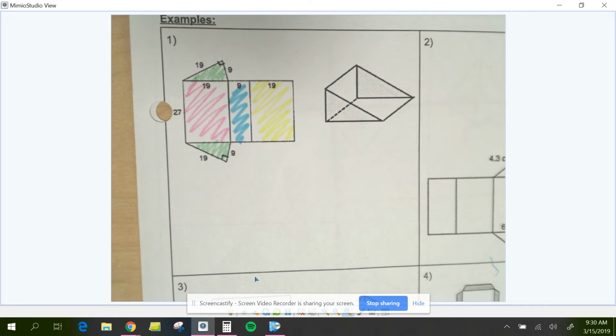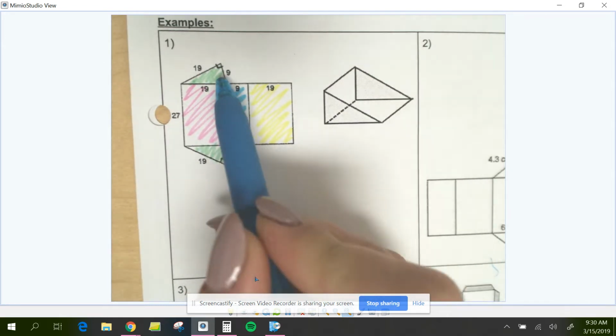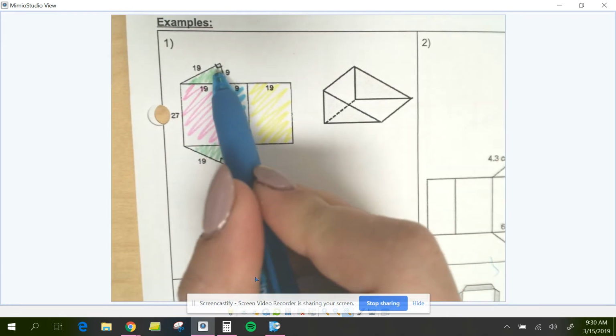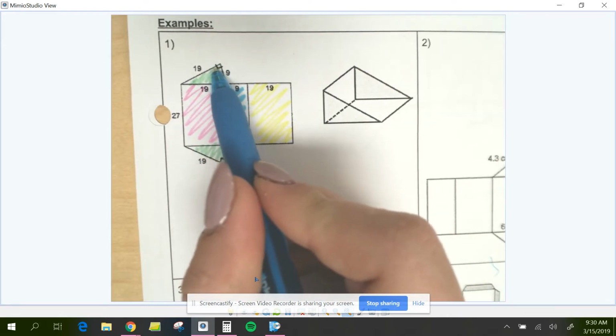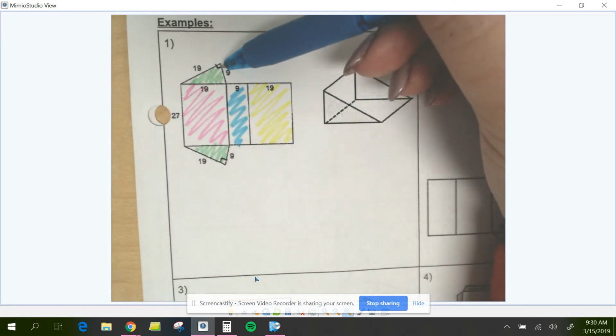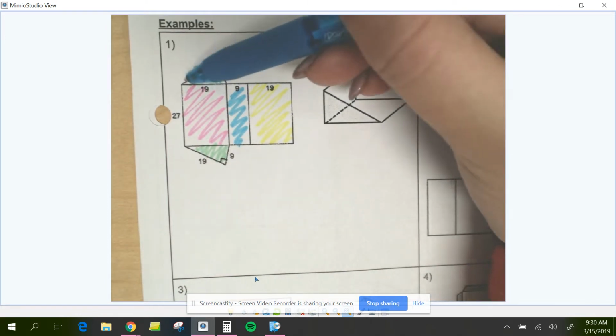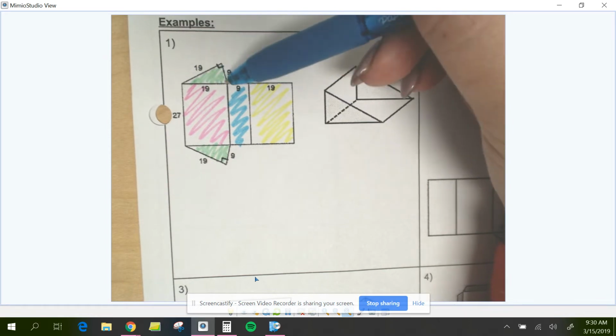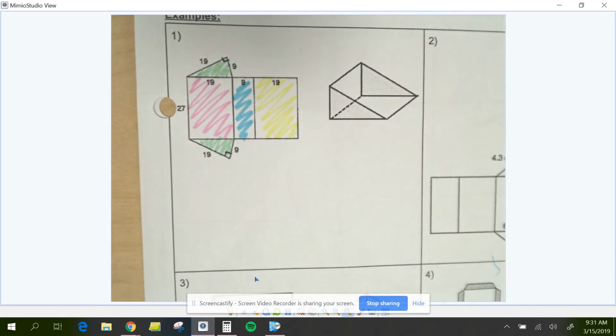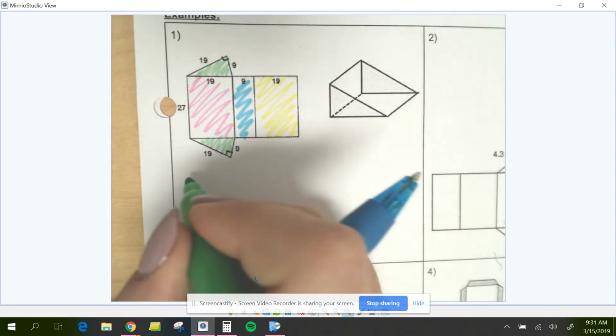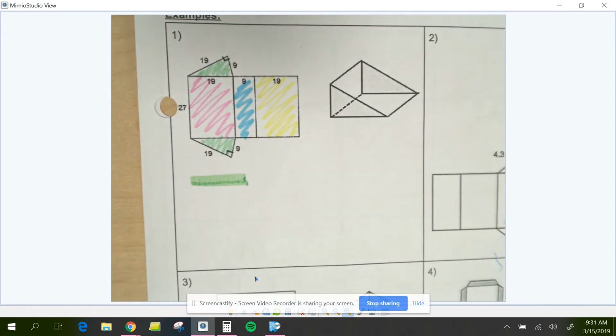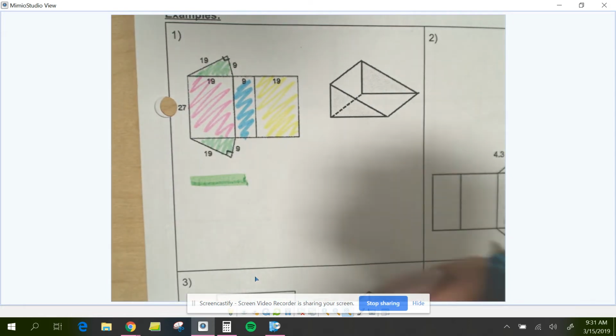Okay, so now I have the triangles here. I look for my right angle. There it is. So that tells me that I'm going to use this as my base and this as my height, or the other way around. Here is my green shape, which are the triangles.